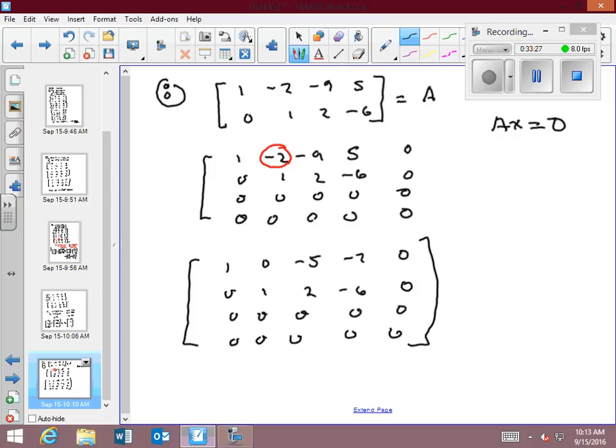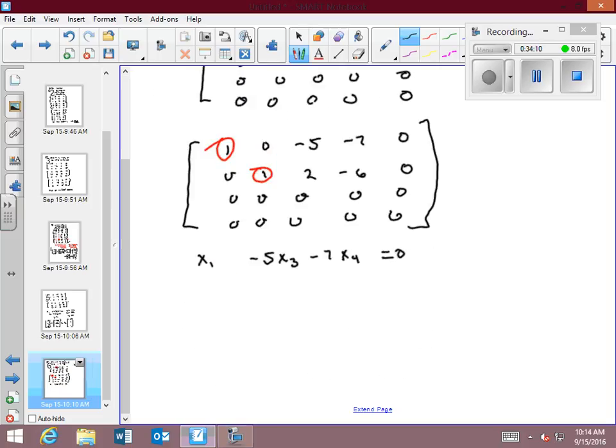Now I've got this as much reduced as I can get, and I got 1s in my diagonal, my turning positions. So now I'm ready to write it in parametric form. So the first equation says what? x1 minus 5x3 minus 7x4 equals 0.